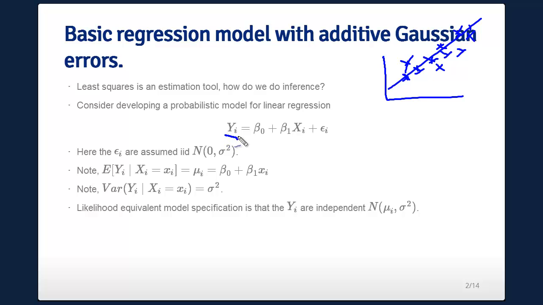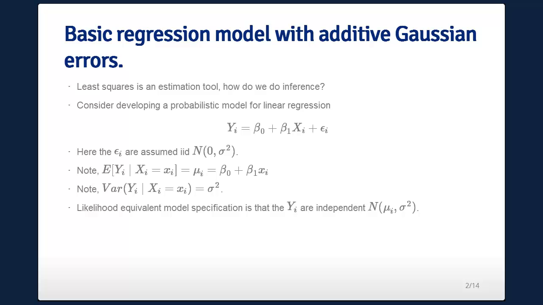Why don't we say that our y's, our outcomes for person i or measurement i, is a line, beta naught plus beta 1 x_i, plus a random error term, where the error terms are assumed to be IID. It's not necessary to assume they're Gaussian for all parts of what we're doing, but we're going to frequently rely on Gaussianity of the errors.